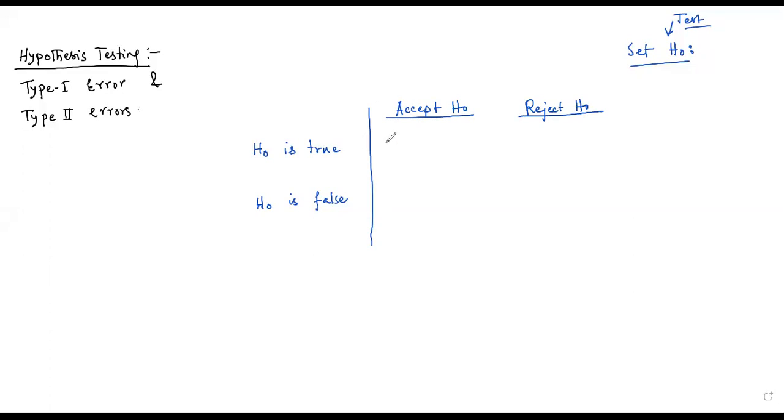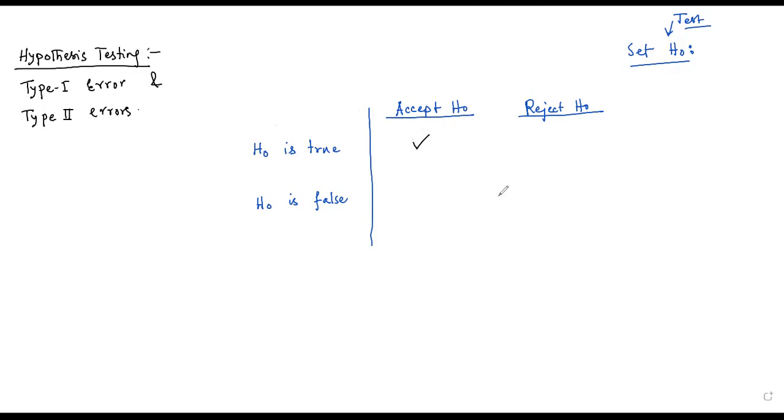I have guessed it correctly, and I am accepting the null hypothesis. That means your assumption H0 is correct, and with respect to the sample, the way you have chosen it, you're also going to accept the null hypothesis. Then there is no problem. This will be super fine. Null hypothesis was indeed true, and we are accepting the null hypothesis.